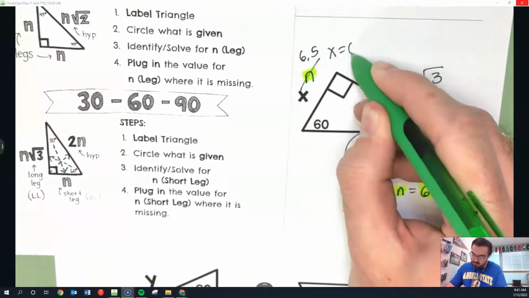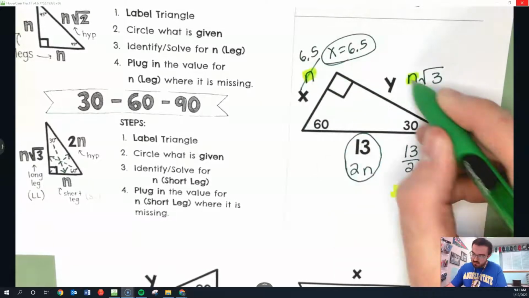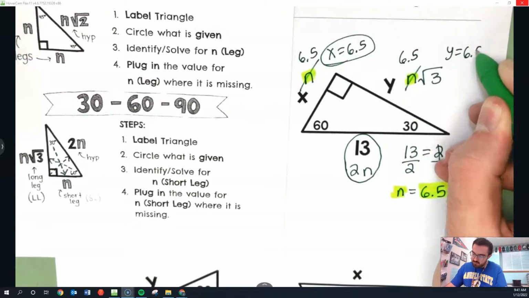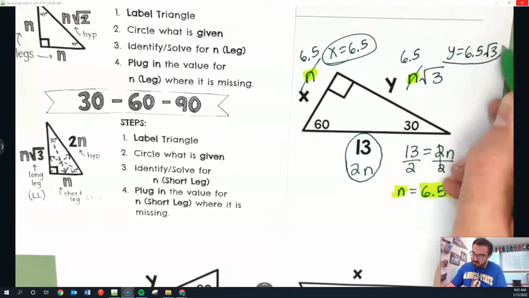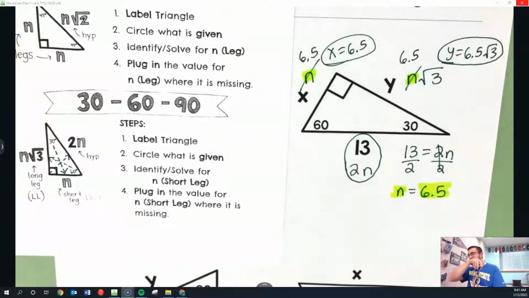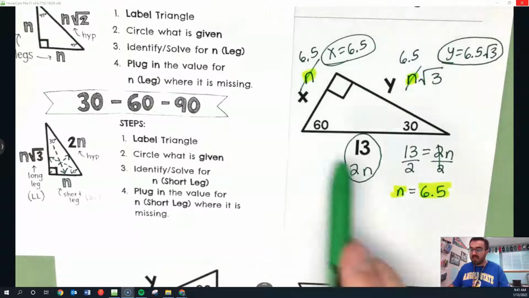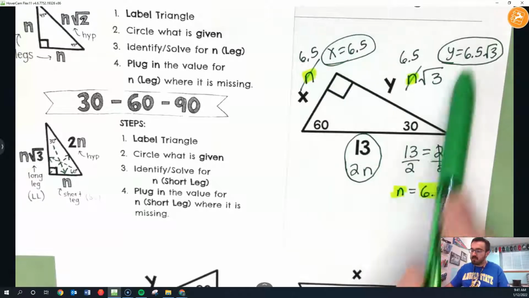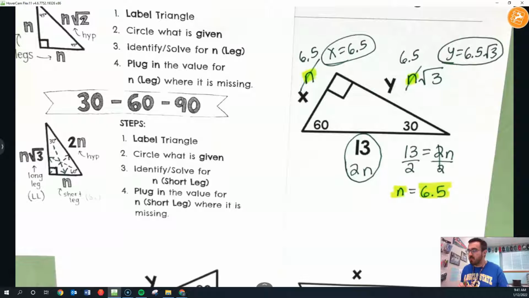So x equals 6.5 right there. Instead of n, I'm going to replace it with 6.5. So y equals 6.5 root 3. Okay, so in this one, they gave us the hypotenuse. We had to divide it by 2 in order to figure out these two.